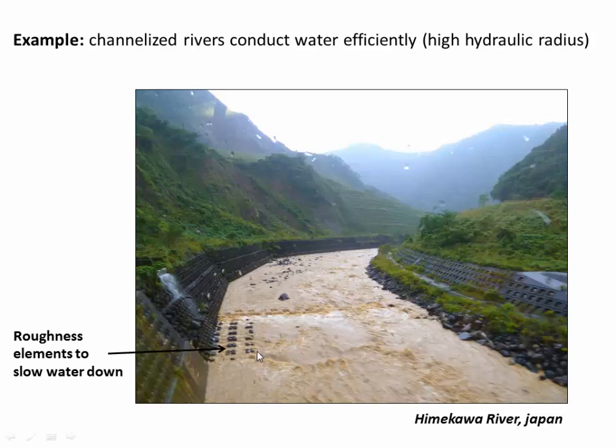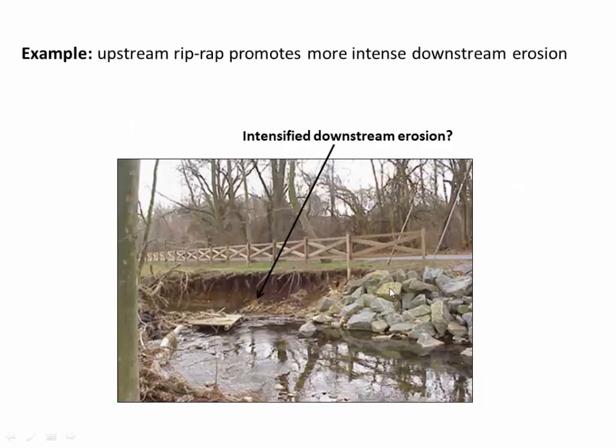So in many engineered channels, it's common to actually add roughness elements. Notice these rough blocks along the edges. This is deliberately not perfectly smooth so that it will slow floodwaters during floods. And then here's the punchline of all this. As I've already said, if you do stabilize a bank upstream, it may pass that energy downstream and cause more intense erosion downstream, as we're seeing in this picture here.